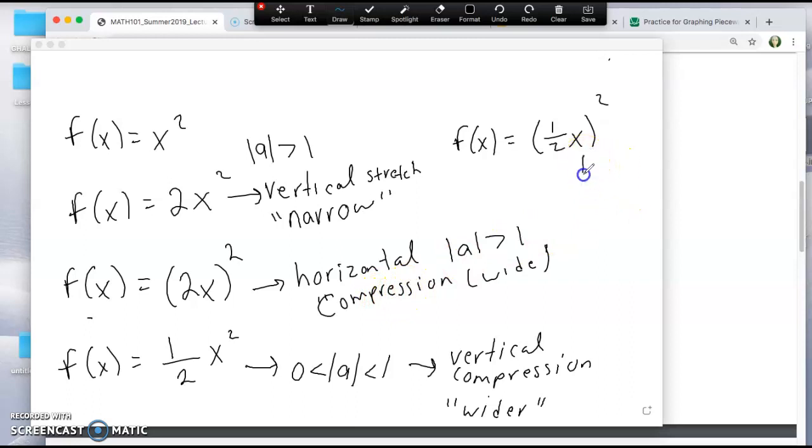Now in this case, same thing, the absolute value of A is less than 1, so it's between 0 and 1, right? We're going to also have a horizontal change, but it's going to get narrow.